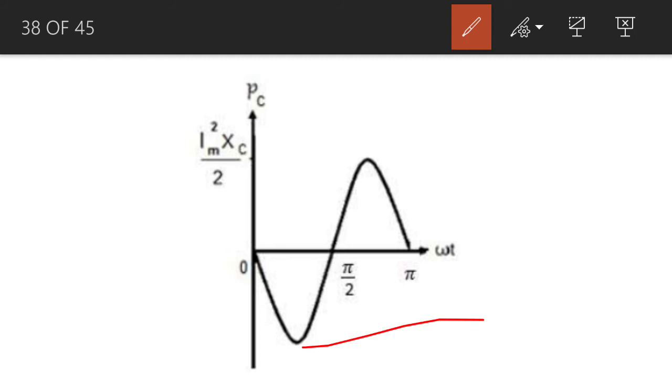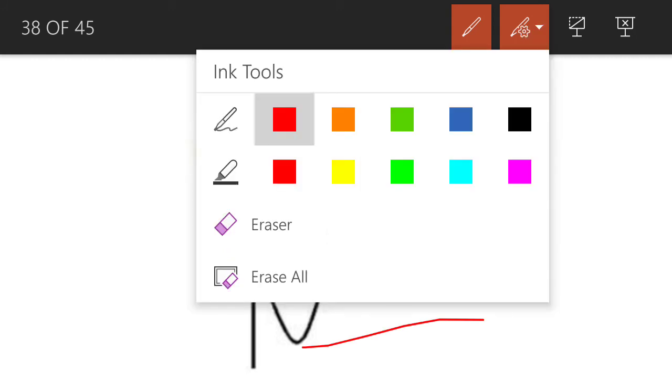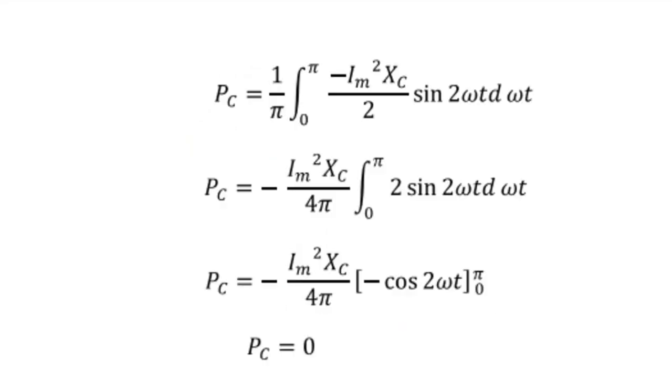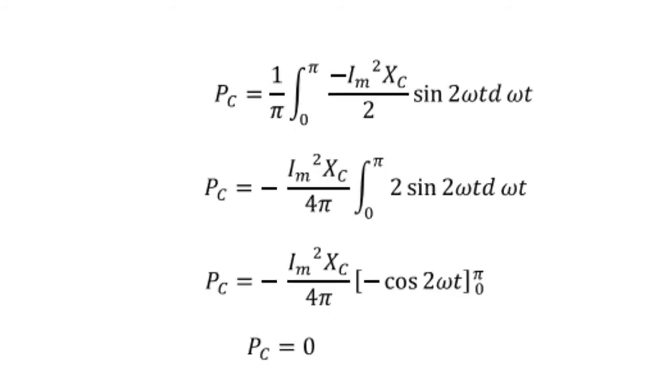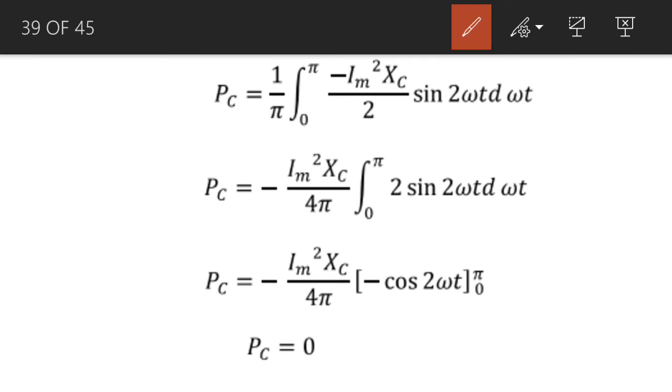So we want to compute the average value of this power. So we integrate the instantaneous value from 0 to pi, and we divide it by pi. So PC is equal to 1 over pi. Then we have the integration from 0 to pi of minus Im square Xc by 2 into sine of 2 omega t d omega t.